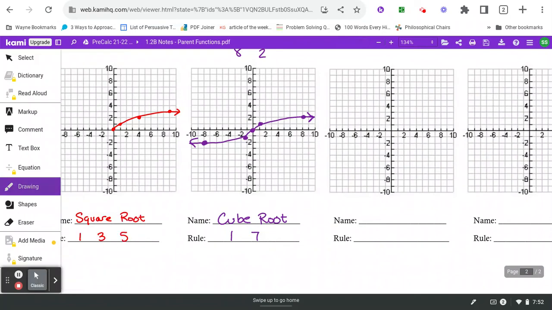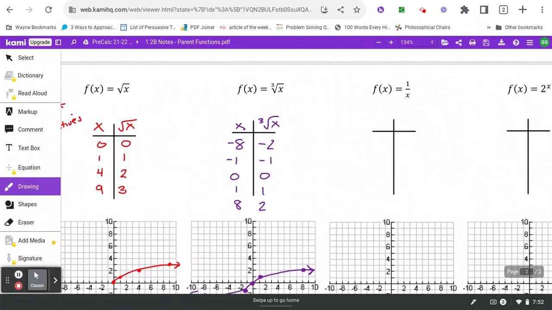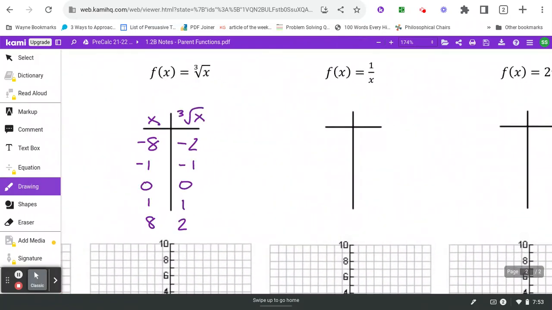Next graph we have is the 1 over x. So we can go back to our negatives now, -2, -1, 0, 1, and 2. If I plug in a -2 here, I get 1 over -2. That's not great. I don't really want to graph that one. -1 I can plug in, that's easy, -1.